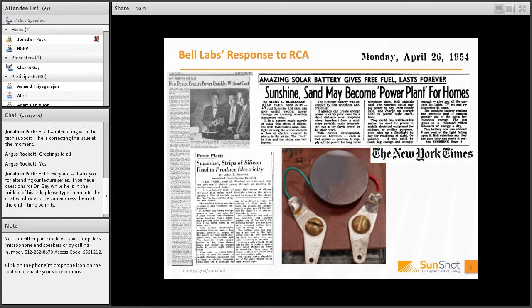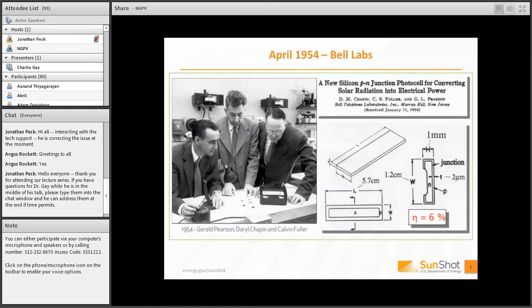On the next slide, the patent issued to Chapin, Fuller, and Pearson shows the cross-section of that roughly 1 centimeter diameter crystal cell in the photo before.